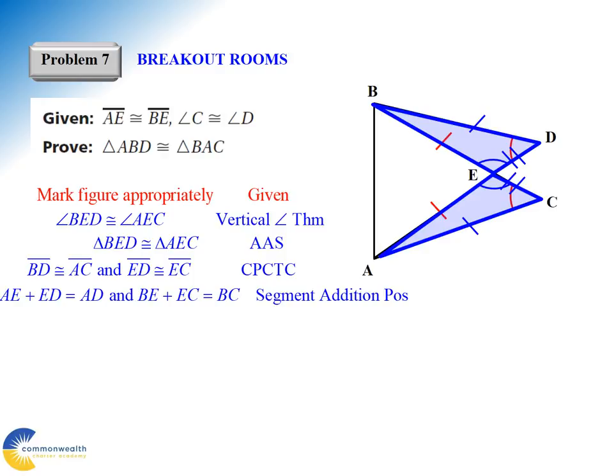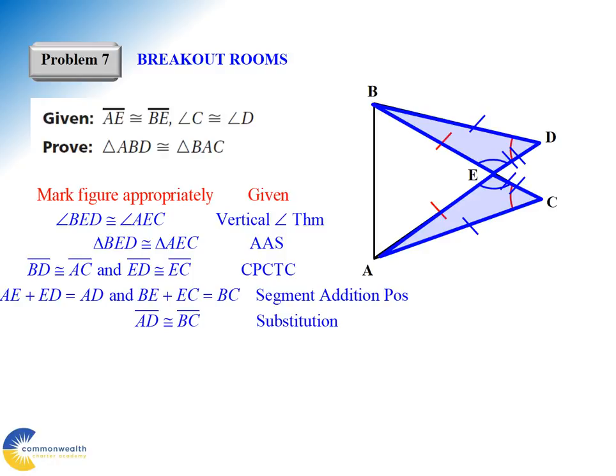And because I have these two bigger segments, AD and BC, being made up of parts that are congruent to each other, I know that AE is congruent to BE and ED is congruent to EC. Because of that, by either the transitive property or substitution, here it says substitution, I can say that AD is congruent to BC.